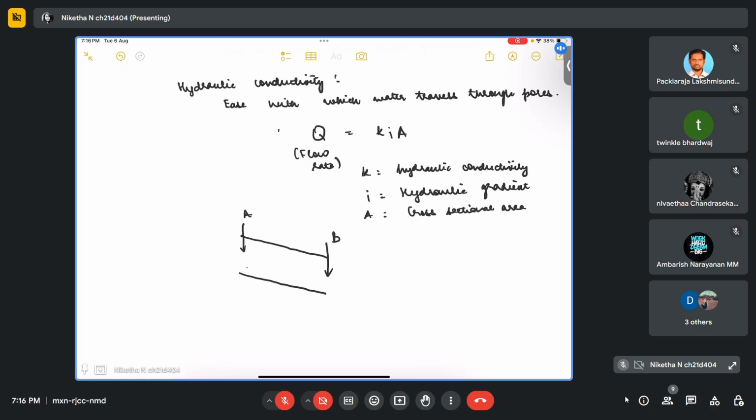And because of that, generally, water will travel from a region of high energy to a region of low energy. So in this direction. So this gradient is called a hydraulic gradient. Since potential energy is a function of height, your hydraulic gradient I is going to be the height of point A minus height of point B divided by the length.